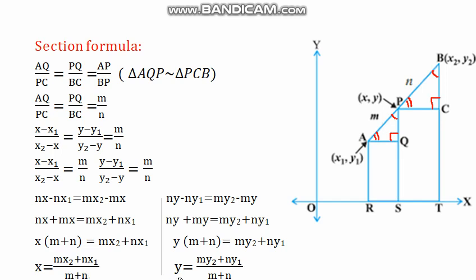Similarly, the y value. So y minus y1 divided by y2 minus y equal to m by n. Then do cross multiplication. Then we will get the y value as my2 plus ny1 divided by m plus n.